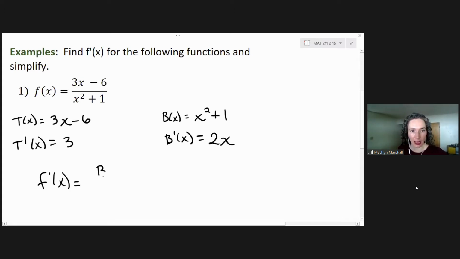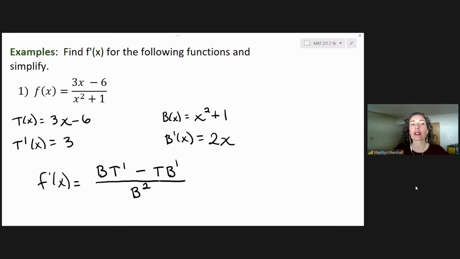So we're going to have the bottom times the derivative of the top minus the top times the derivative of the bottom, all over the bottom squared. The quotient rule gets a little messy after we plug everything in, but from here, all we're doing is algebra, plugging in some expressions into some places and simplifying.